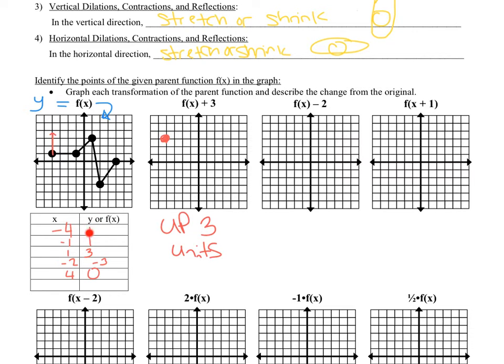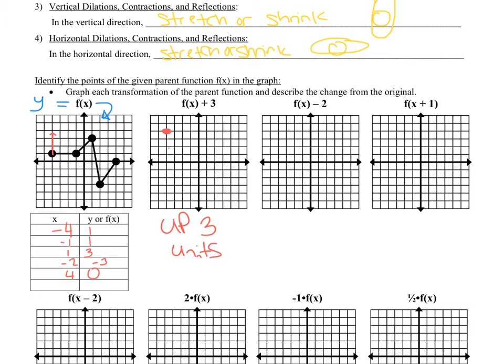If you add 3 to this, it should become 4. So I think I made a slight mistake here. This is my original right here. So 1, 2, 3. Yeah, so that should be at 4. So let me fix that.